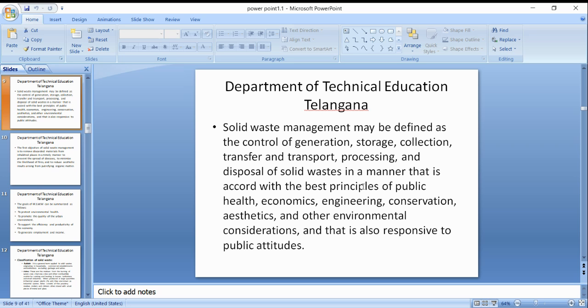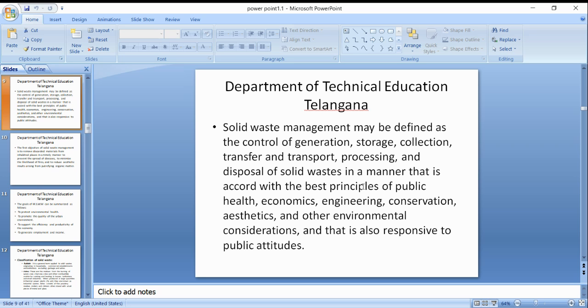Control of generation means the solid waste generated should not be more; we should keep it in a controlled manner.